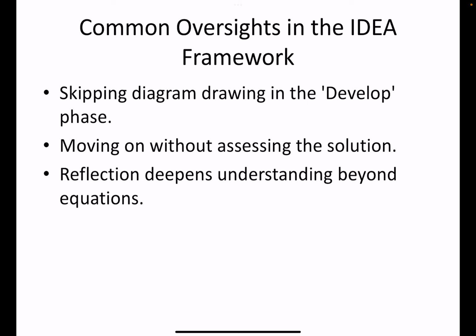Skipping it often leads to sign errors or incorrect force components. The second common oversight is skipping the assess step. Once you get a number, it's tempting to circle it and move on. But taking a moment to reflect on whether the answer is logical deepens your understanding far more than just getting the equations right.